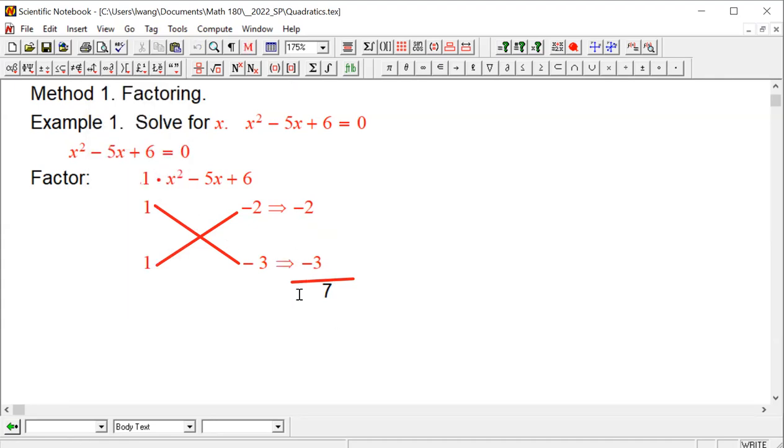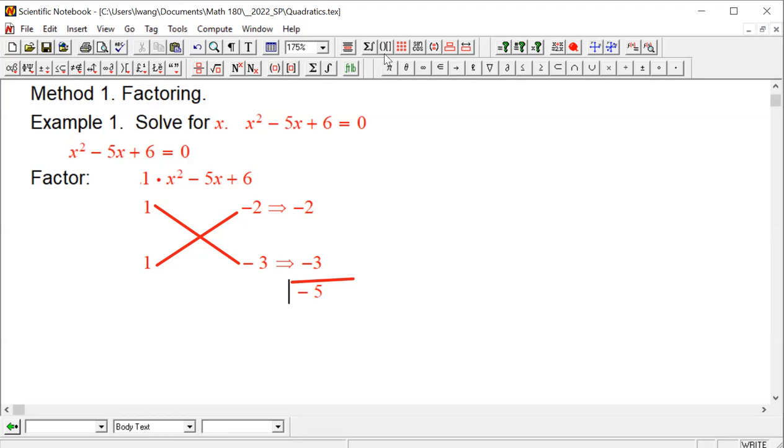And -2 plus -3 equals -5. So we finally made the match. Sometimes you find yourself trying and erring, and sometimes you find it right away. It can be different from one person to another. But feel free, as you can see, this process is trial and error.